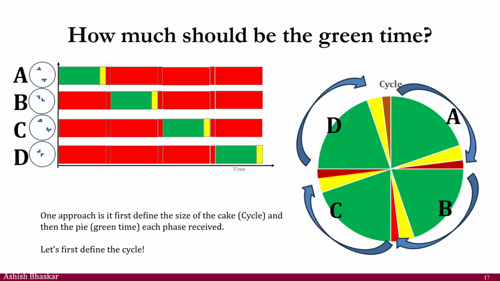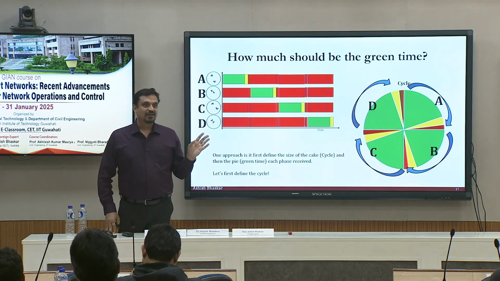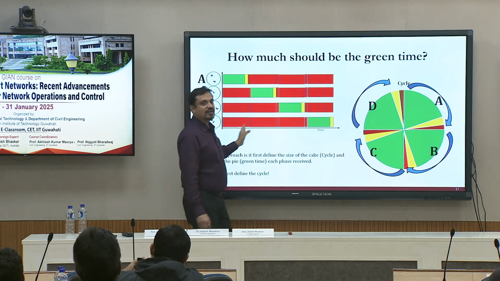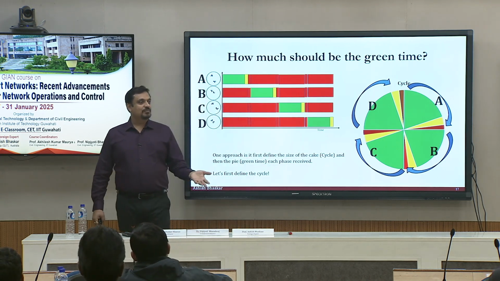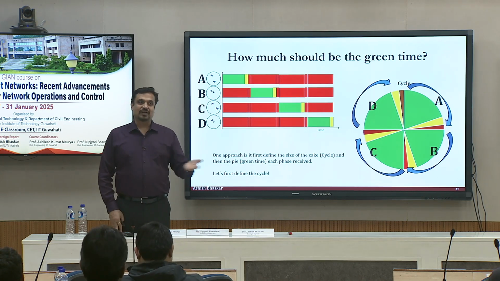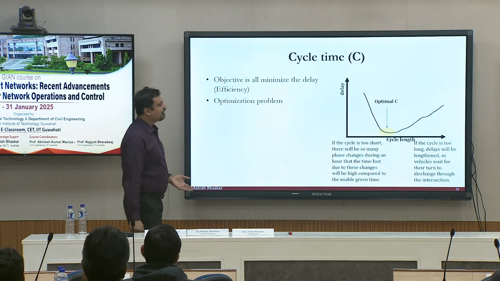As the number of phases increases, your lost time increases also. If this is 5 seconds, then 5 times 4, 20 seconds is your lost time, where you are not using the intersection much. If your cycle time is, let's say, a very small 60 seconds, then 20 over 60 is lost, unnecessarily. That's why you do not want a very low cycle time.